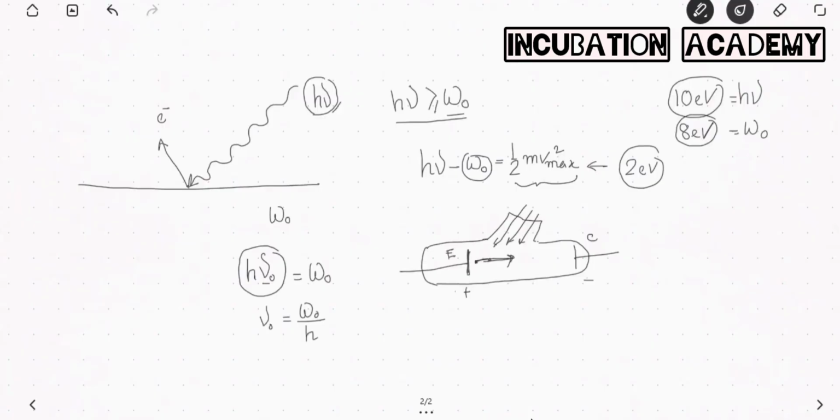The photoelectrons come out and propagate towards the collector, which is now at a negative potential. So what will happen? It is getting repelled by the collector.